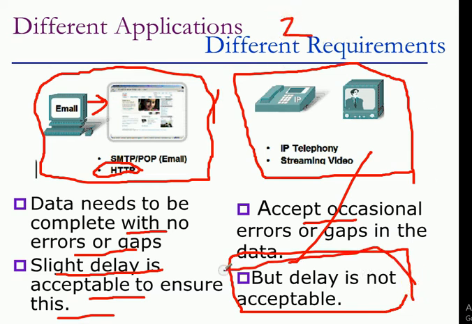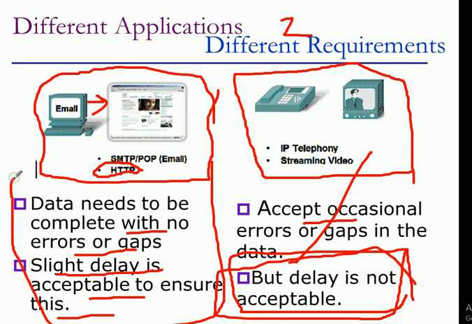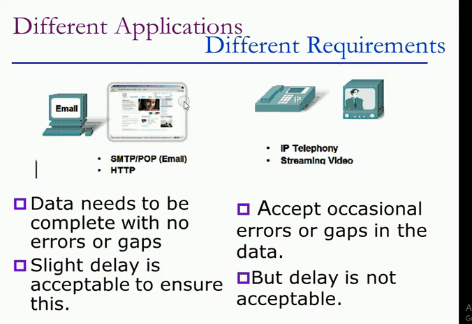Delay is not acceptable in this case. But if you say hello, hello, hello, and your best friend says hello, how are you? Let's play PUBG or something, this is acceptable, but the delay is not. In this case, error is acceptable, however only a little delay can be tolerated. So you can see that the requirements in different cases are different.